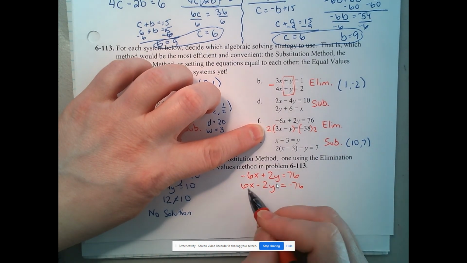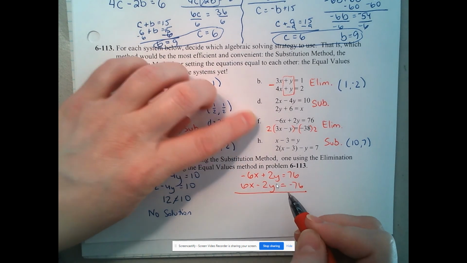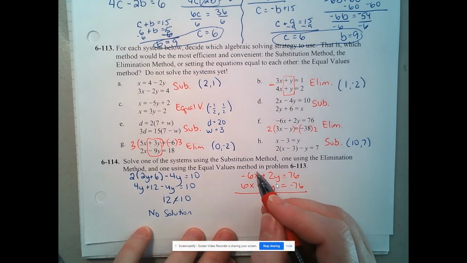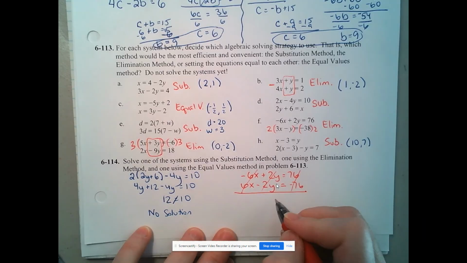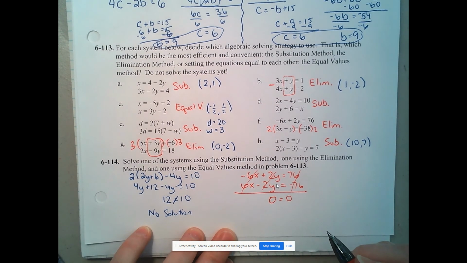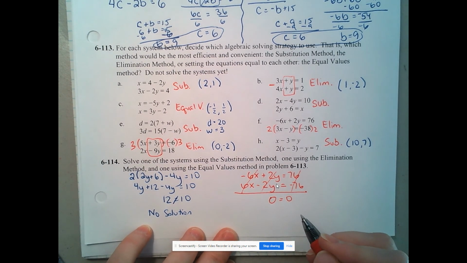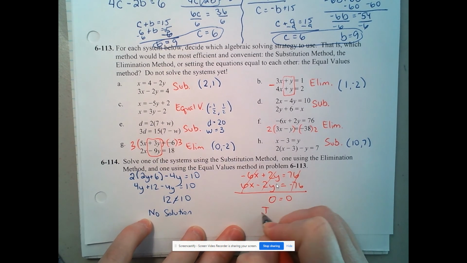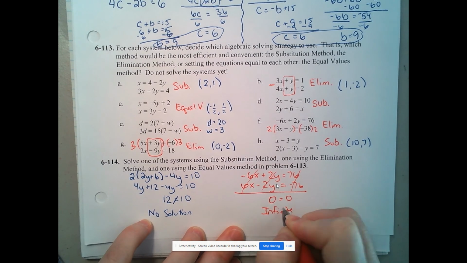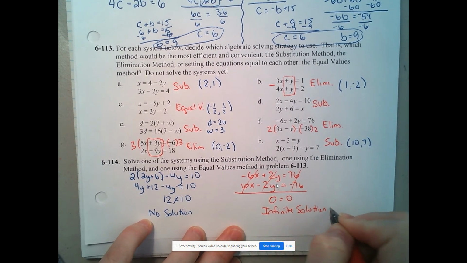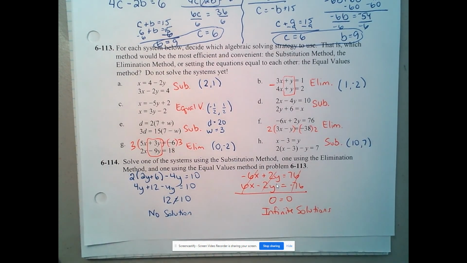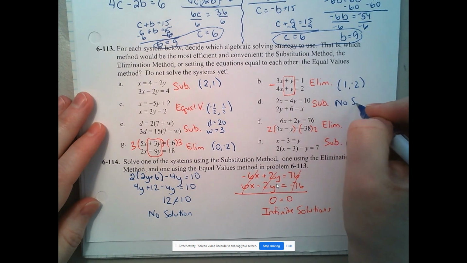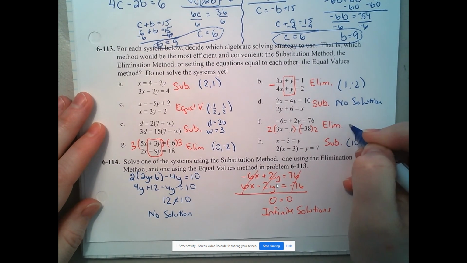So when we go to combine those two for elimination, I'm going to get canceled, canceled, canceled, and I'm going to get 0 equals 0, which is a true statement all the time. So because 0 equals 0 is a true statement all the time, no matter what values of x and y we pick, we would say this has infinite solutions. So the answer to D was no solution, and the answer to F was infinite solutions.